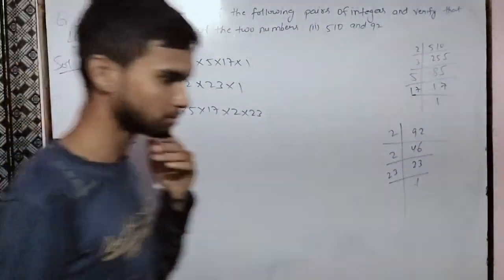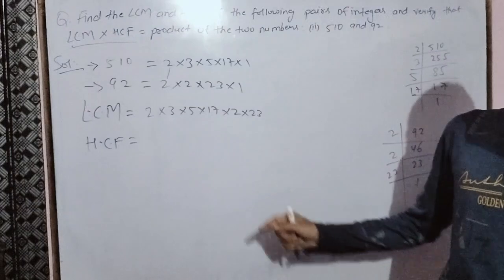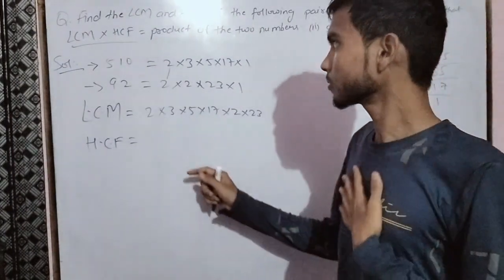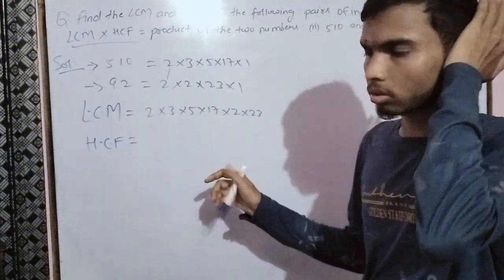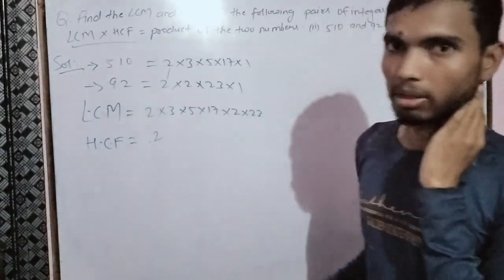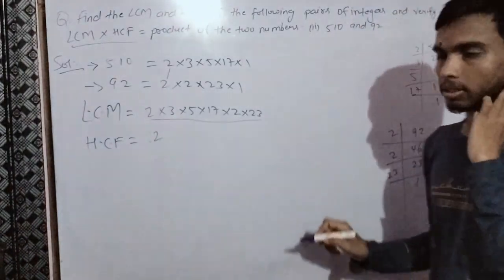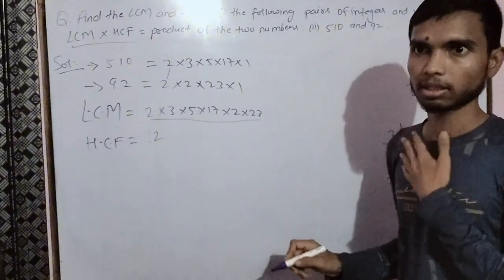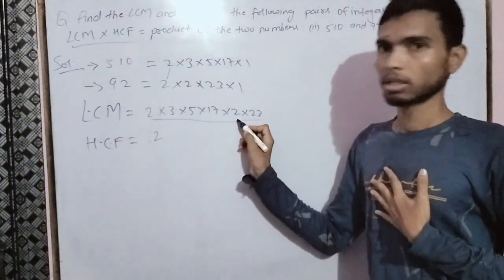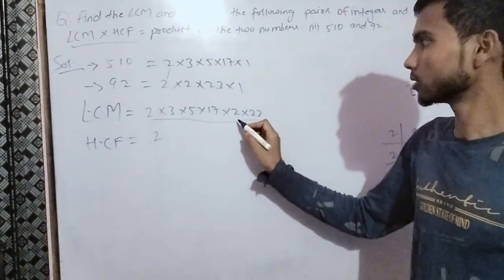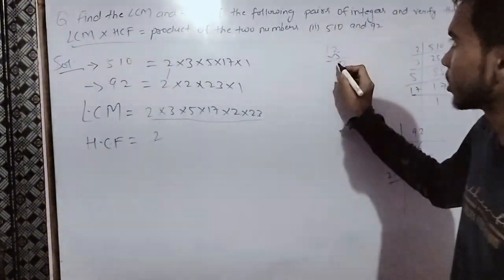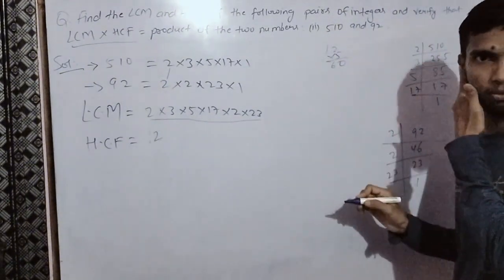Now HCF. It says that whatever is common will be the HCF. For example, 2 is common, so only 2 is the HCF. We are going to multiply all this, then it will be the final LCM. For example, 2 3s are 6, 6 2s are 12, 12 5s are 60.